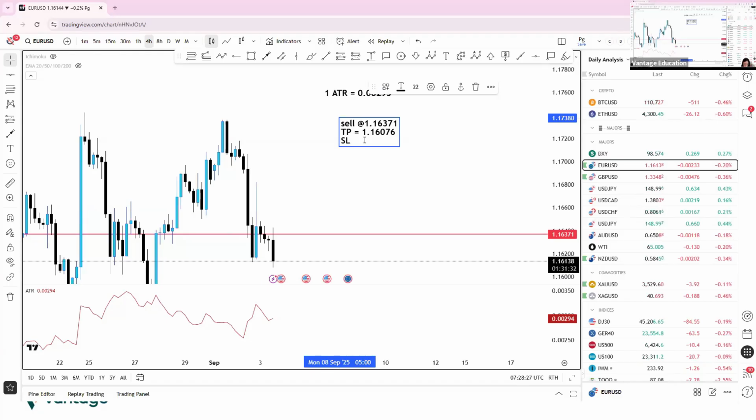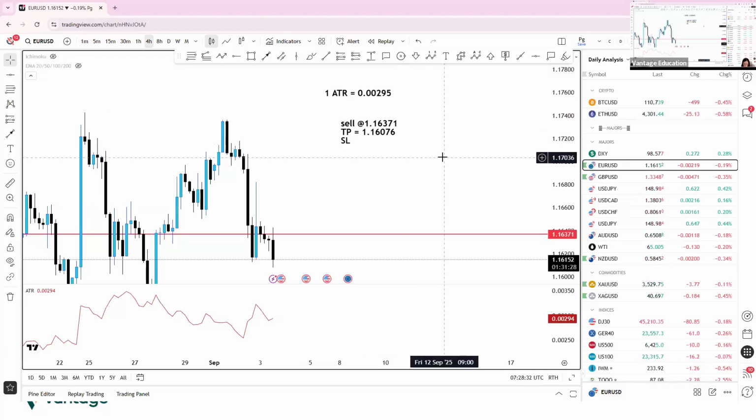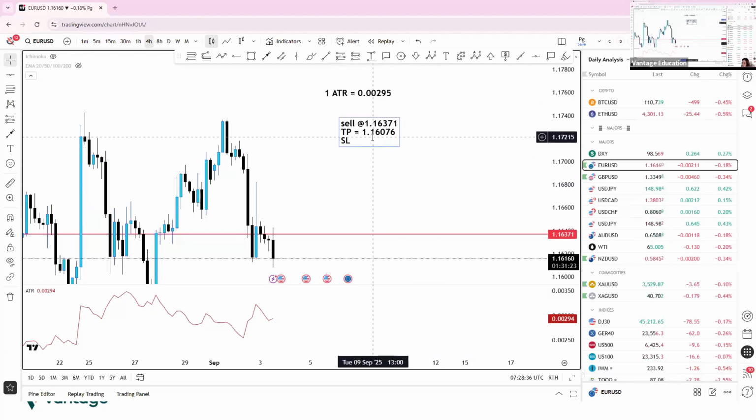And the SL is going to be 1.16371 plus 295, so your SL is going to be 1.16666.